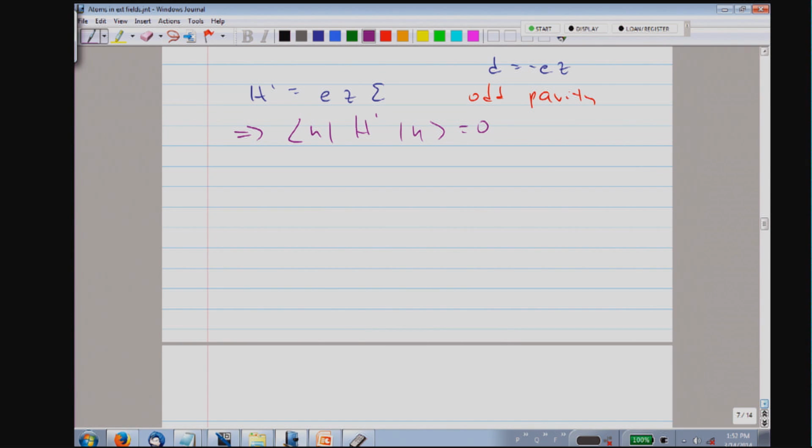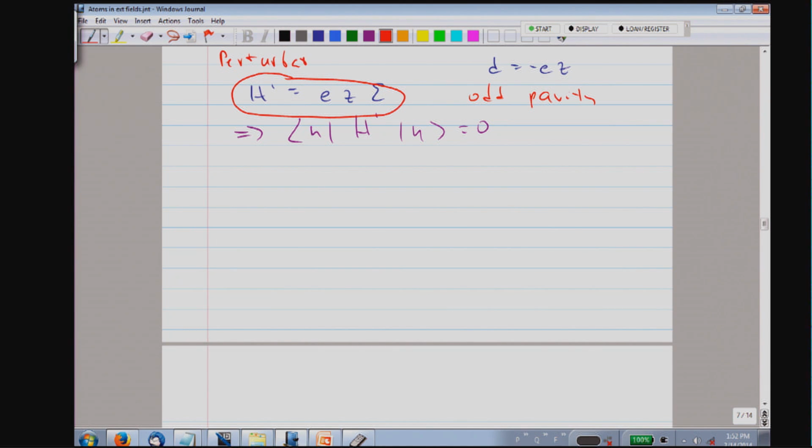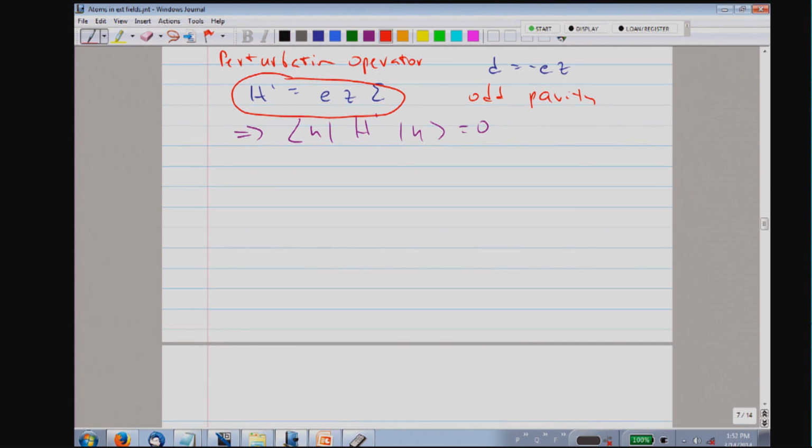Okay, now we want to do perturbation theory. So our perturbation operator is this. And since we have the clickers, I just want to ask you two quick questions.